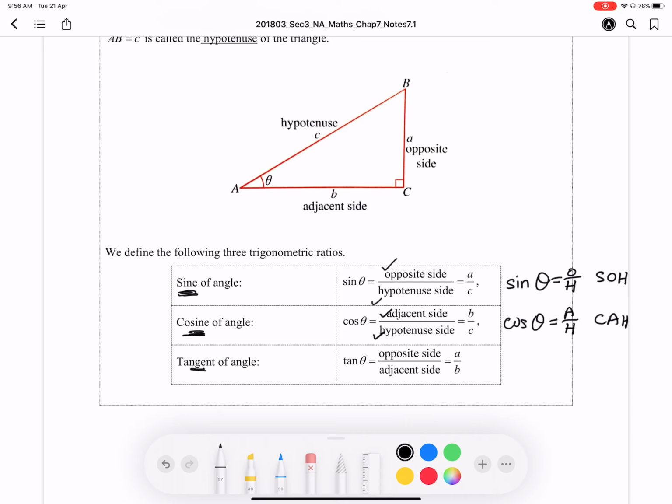And finally, for tangent of angle, we have tangent theta equals opposite over adjacent, so tangent theta equals O over A. This is the Tua part, TOA. So we have Tua, Ka, So. That is the Tuakaso that we have learned before.